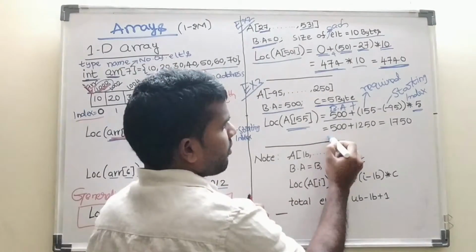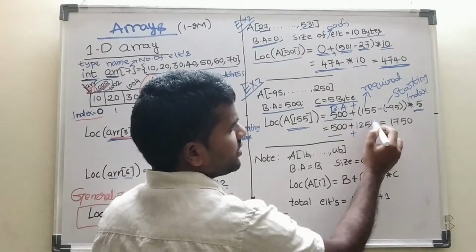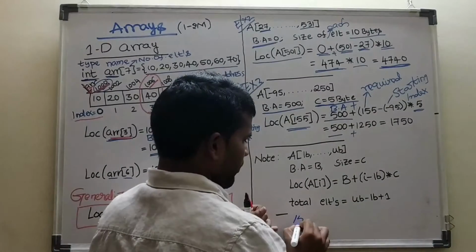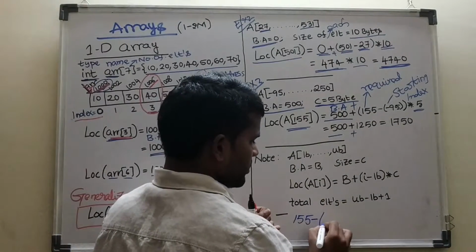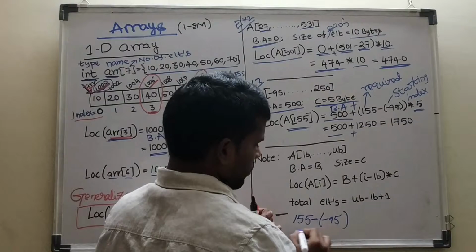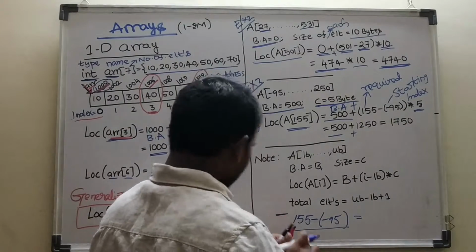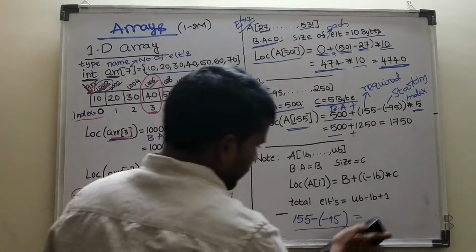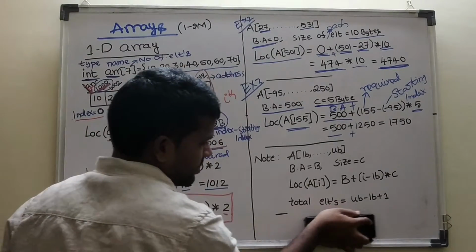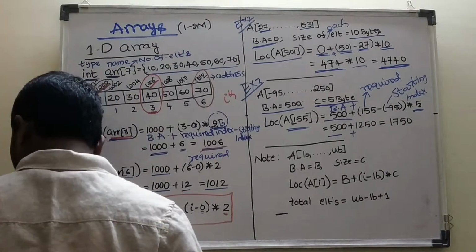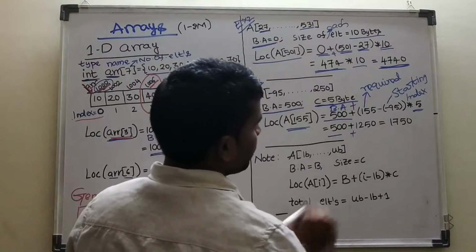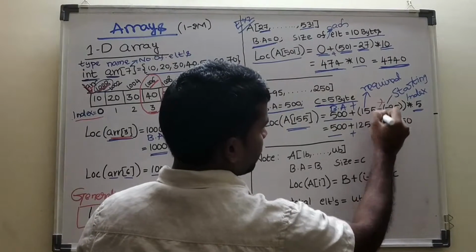Here see, 500 plus 1250. How did this become that? 155 minus 95 gives some value. Here I want to explain one thing. How did it become plus? Why are other things not used everywhere? Minus into minus becomes plus.